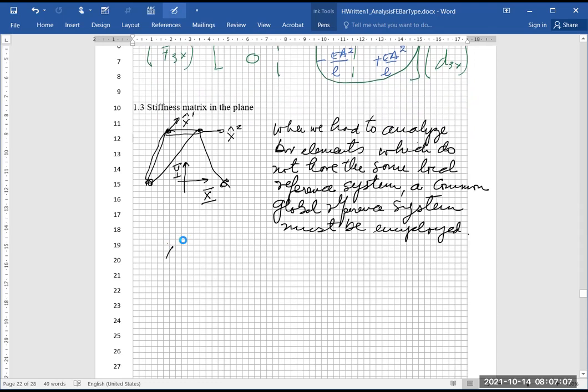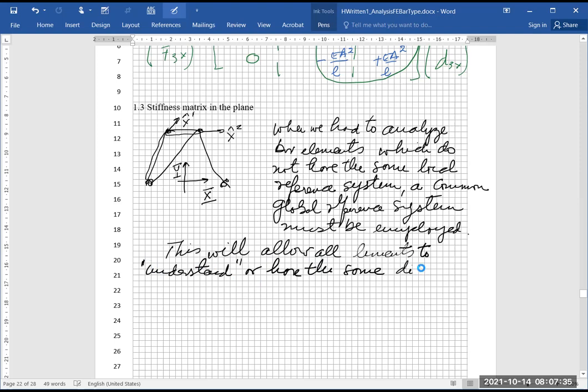And this will allow all elements to understand, or have, the same directions for its components.